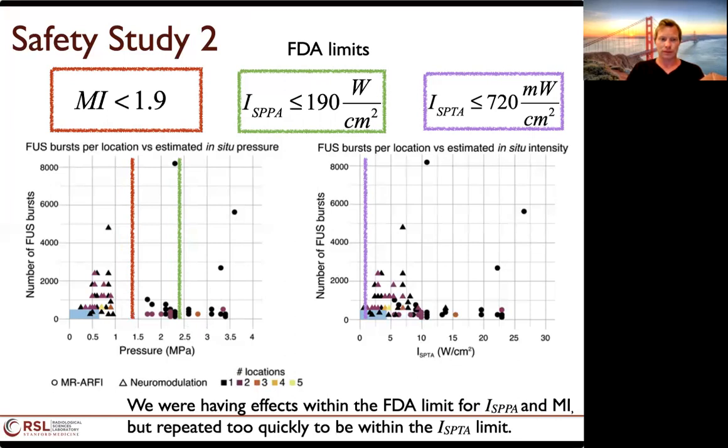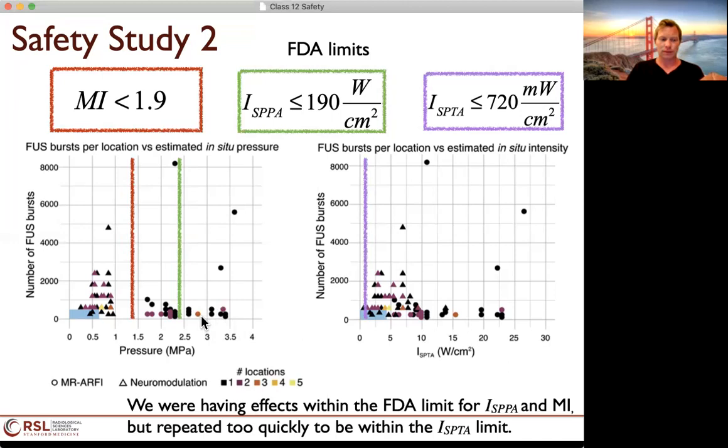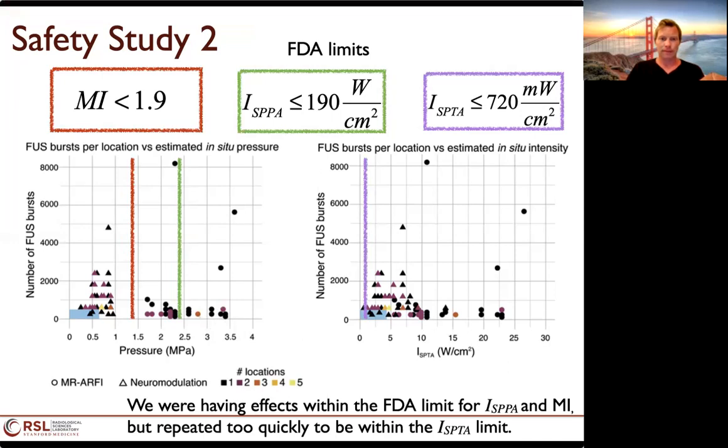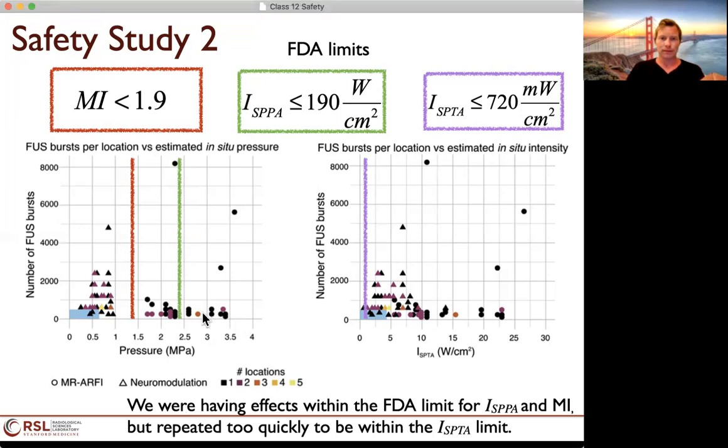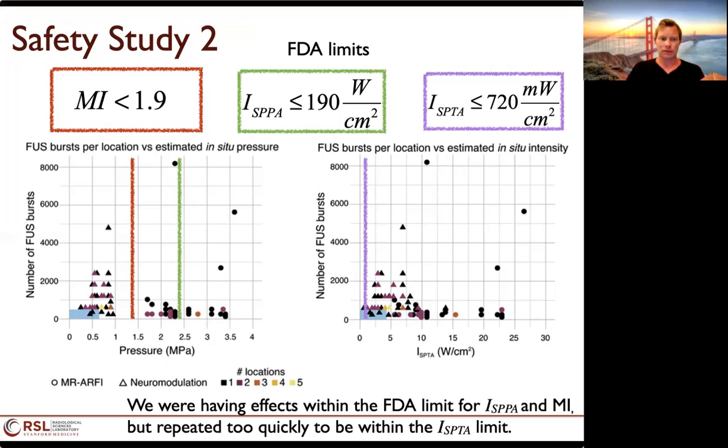That's good, because it's nice to also push the limit when you're looking at safety, to go above the limits and really hit it hard and say, do you see anything at that point? In terms of ISPTA, the limit is shown here, and all the sonications were above that limit. So that's good for the safety study.